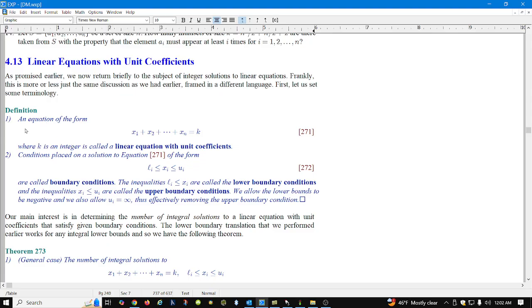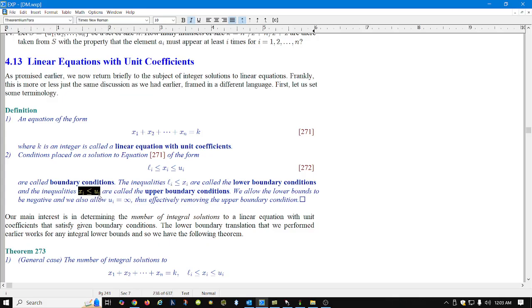First, some terminology. An equation of this form, where k is an integer, is called a linear equation with unit coefficients. Conditions placed on the solution that are of this form are referred to as boundary conditions. This set of inequalities are called the lower boundary conditions.